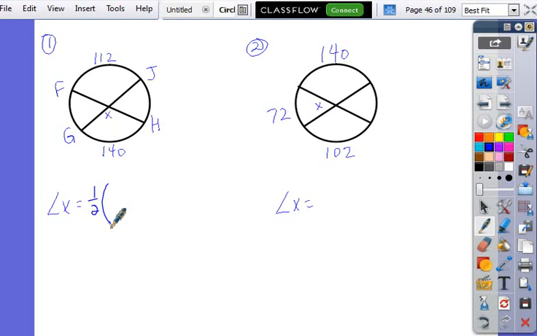So it's half of 140 plus the one that's vertical. Which one is vertical? FJ. So that would be half of 140 plus 112. Just type that in the calculator just like you see it. If there are no measures, all you can do is put the letters, but it's going to have numbers in there. So half of 140 plus 112 is 126.